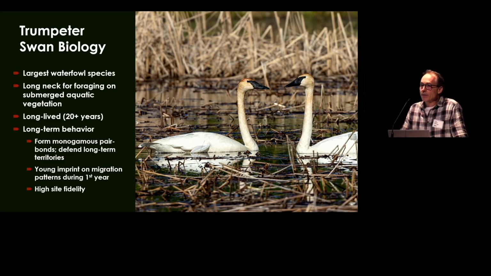They're long-lived, 20-plus years, and their behavior, they form monogamous pair bonds, defend long-term territories. The young imprint on migration periods during the first year, and they have high site fidelity. And so we're really interested in movements of swans and their movement patterns, migration patterns. And so those biological aspects about how they learn to migrate are really important.